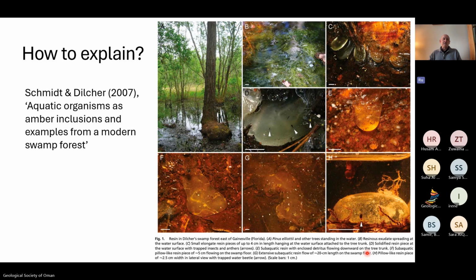So this is over in Florida, and it's a swamp forest. And what you can see there is that there is resin from one of those trees, a swamp cypress, that is traveling down the tree and into the water. And in the water, it hardens very, very slowly. So it makes a skin, but that skin can still be penetrated by aquatic organisms.